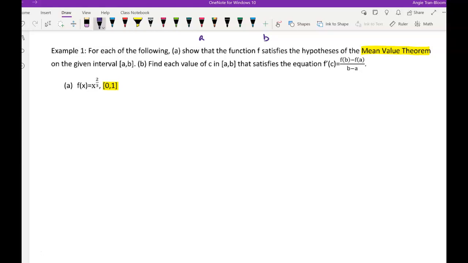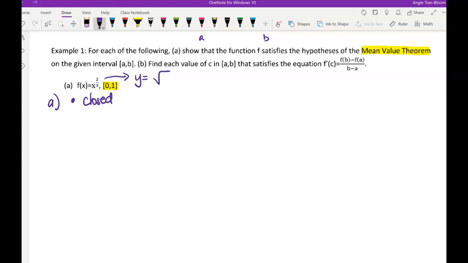Okay, so condition number 1, let's see if we meet it. Part A, to satisfy the mean value theorem, we have to check: is the function continuous from 0 to 1, a to b? Now your function is f of x equals x to the power of 2/3.